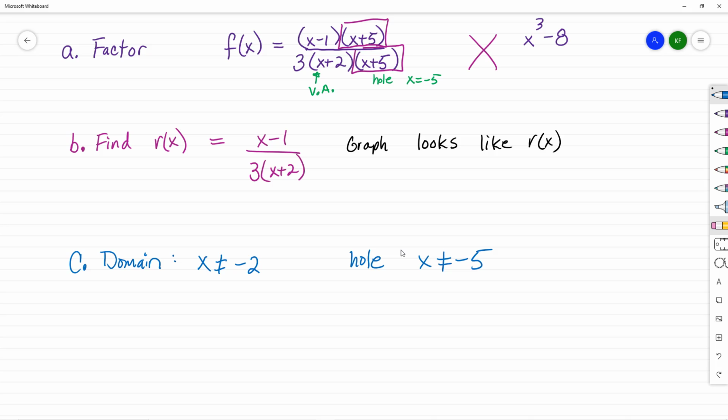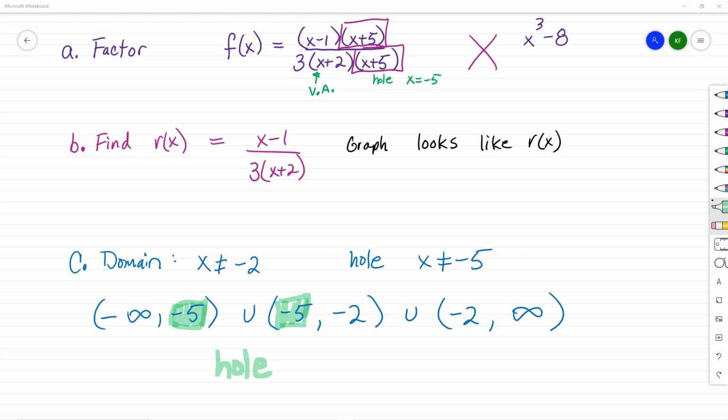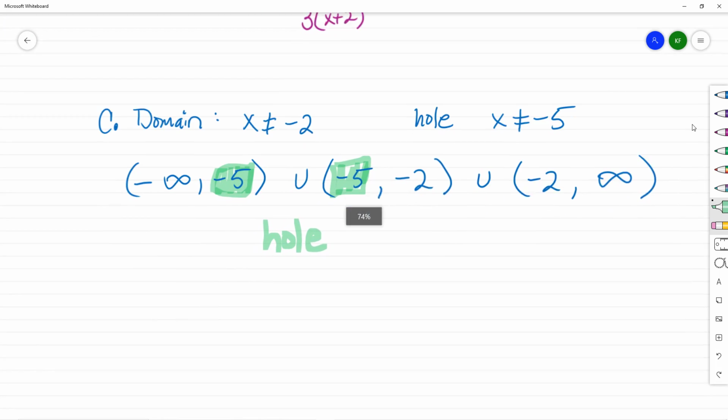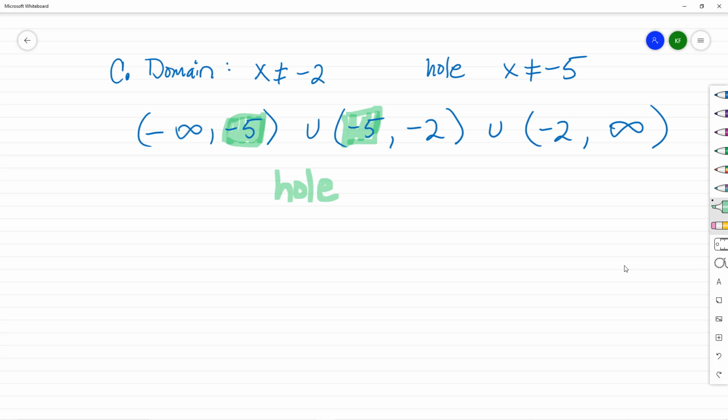And so I'm just going to go ahead and write that domain out quickly. I'm looking at where the function's not defined, and I just labeled where the hole is in interval notation. Remember, everything's going to be open parentheses, no brackets.